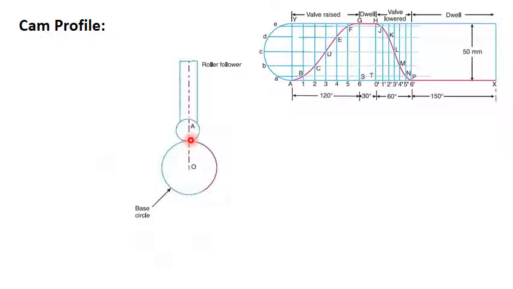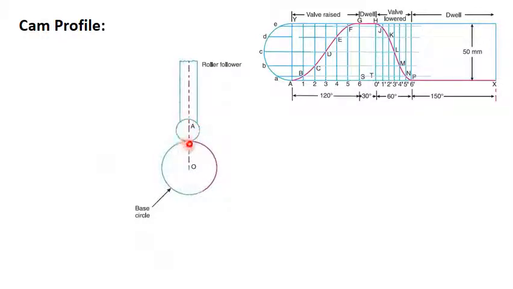Now here above the circle, since the follower is a roller follower, exactly you draw a vertical line from the center of the circle for the follower. Now here exactly touching this circle, we have to draw one more circle which is the roller circle, and the diameter of this is 20 mm.